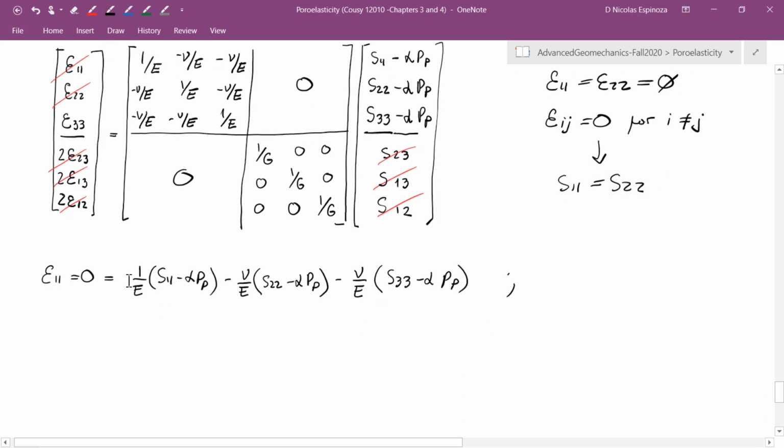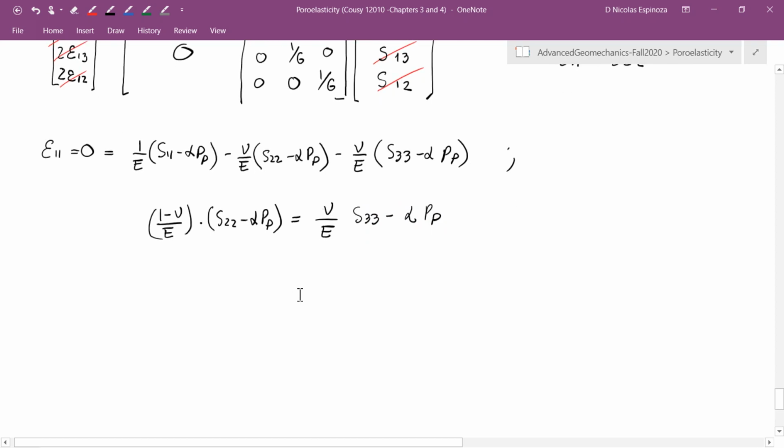So using these equations, I can now use this as a common factor, and this is going to be actually (1 minus Poisson ratio) divided by Young modulus times (S22 minus alpha pp), where S11 is equal to S22, is going to be equal to Poisson ratio divided by Young modulus times (S33 minus alpha pp).